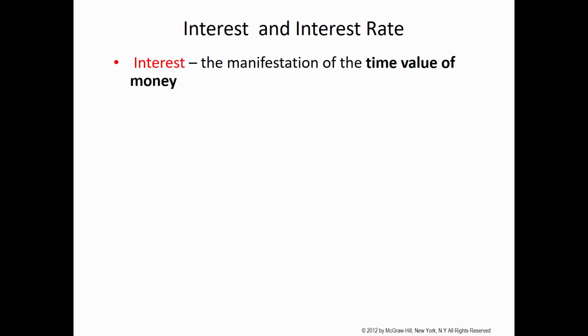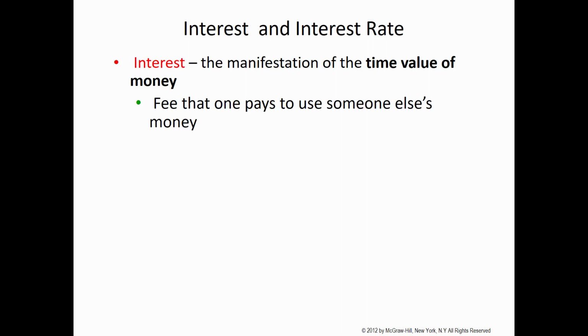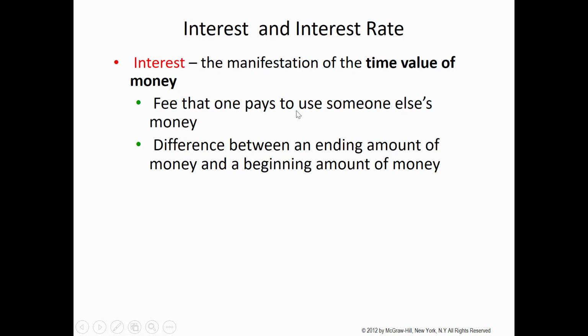So $10 now can buy more than $10 in a few years. In a few years, after prices went up, you won't be able to buy as much stuff with $10. And so what that means is that the $10 now is more valuable than the same number of dollars in the future. So interest, though, is the fee that you're paying for the privilege of using someone else's money.